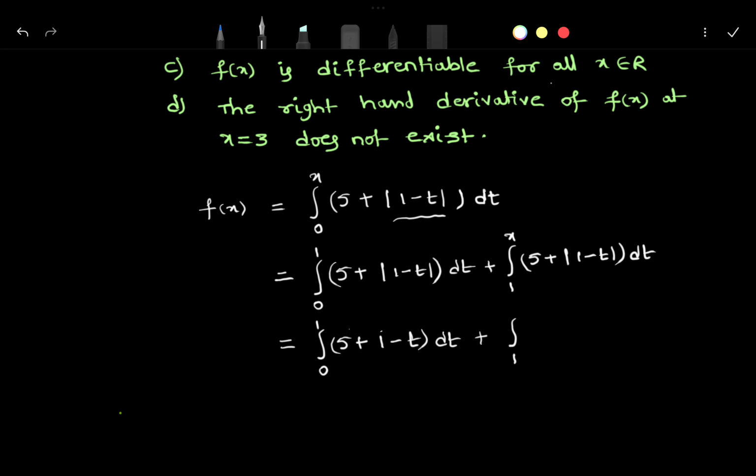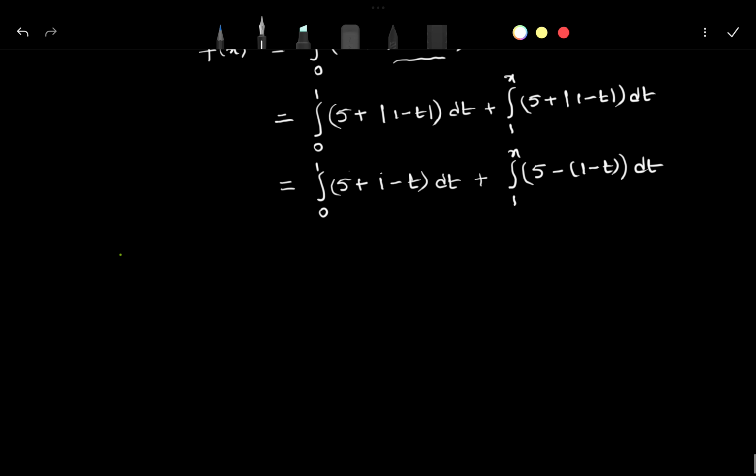So integration from 1 to x of 5 minus (1 minus t) dt. Now you simplify this: integration from 0 to 1 of 5 plus 1, that is 6 minus t, dt, plus integration from 1 to x of 5 minus 1, that is 4, plus t, dt.